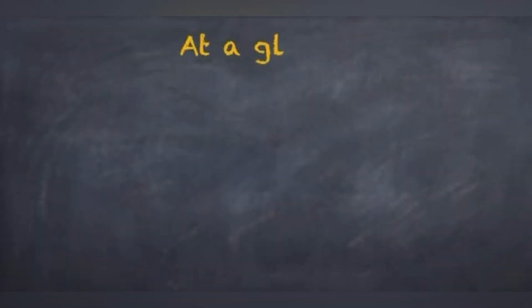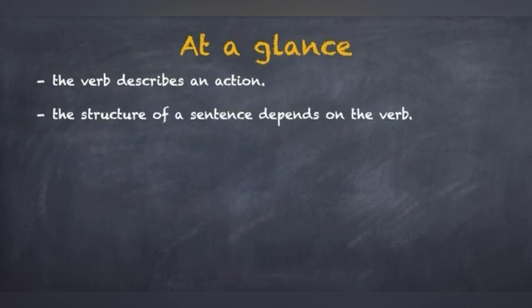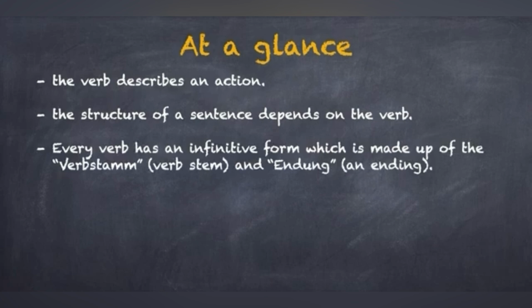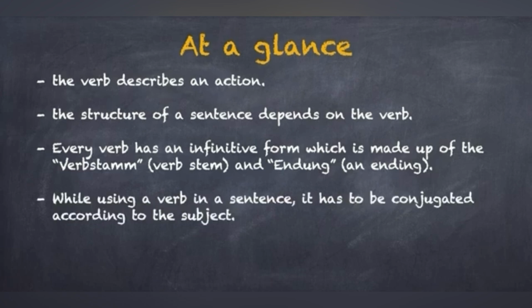Now let's summarize what we have learned in this lesson. The verb describes an action. The structure of a sentence depends on the verb. Every verb has an infinitive form, which is made up of the Verbstamm or verb stem and Endung, an ending.